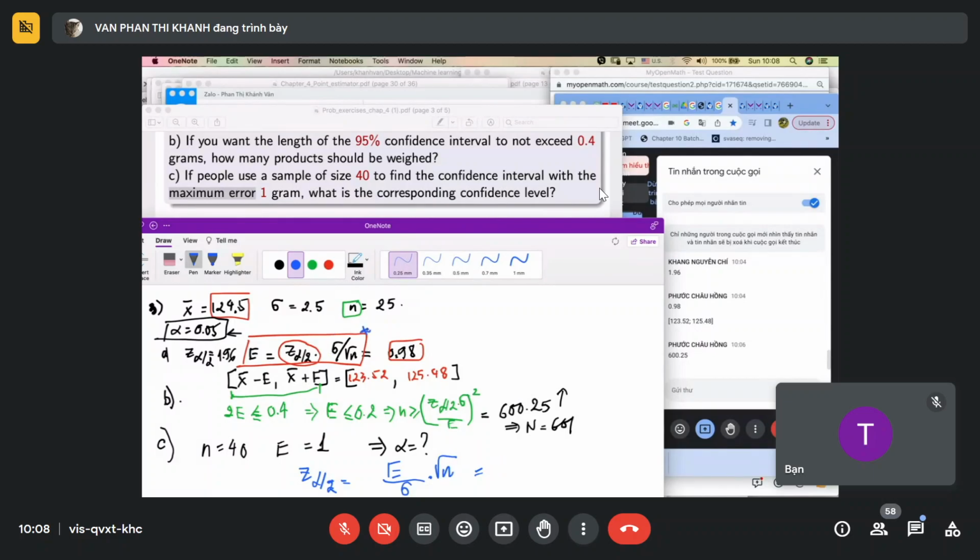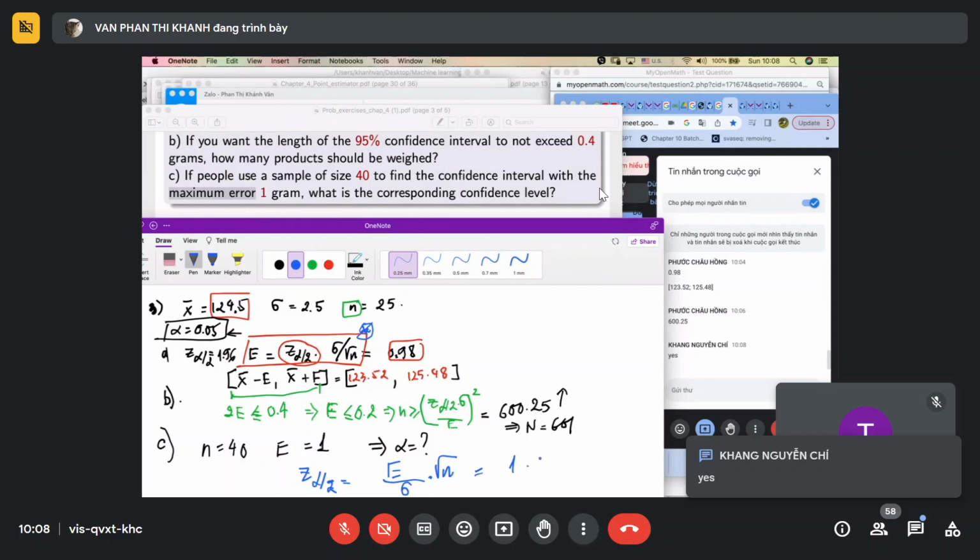So from this equation, you can find z alpha over 2. Can you see it? Yes. Okay, so please tell me the value. E here is 1, square root of 40, and sigma here is 2.5. So please tell me the value of z alpha over 2.